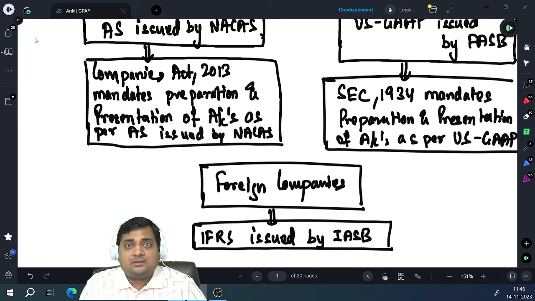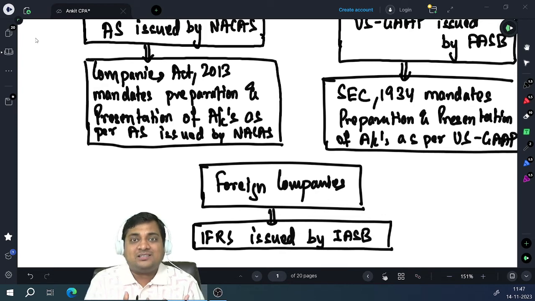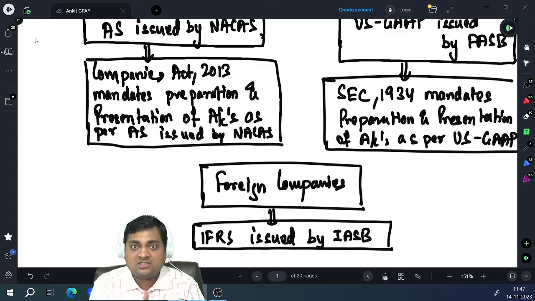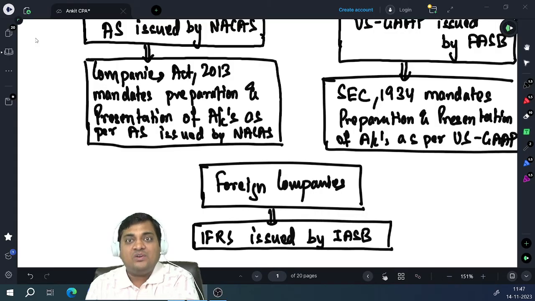In today's situation, we need to have globalization of accounting standards. That is why IASB wants to converge its IFRS with respective countries' accounting standard. In India, we have Ind AS. It is the converged form of our accounting standard issued by NACAS with the IFRS.